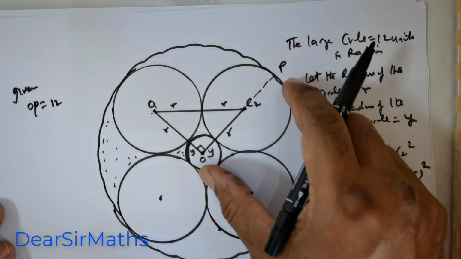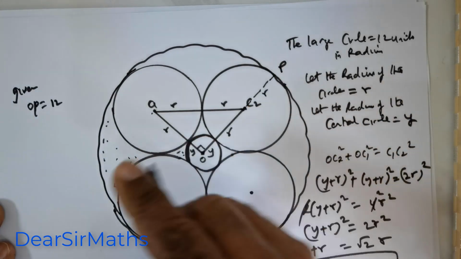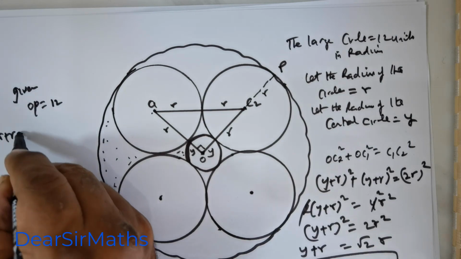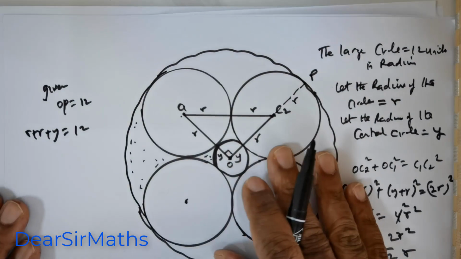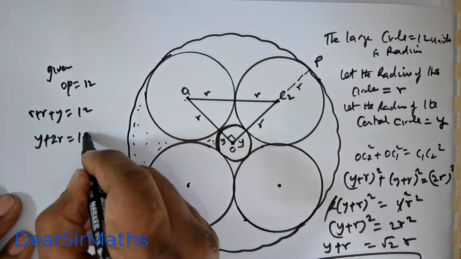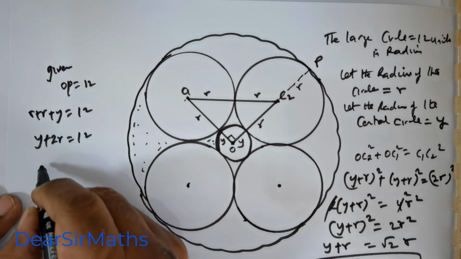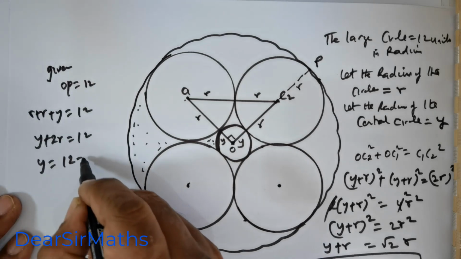But what is OP? This is actually R, so OP is nothing but R plus y. So R plus y is equal to 12 units, right? So this would mean y plus 2 times r is equal to 12 units. If I were to get the value of y, then y is equal to 12 minus 2r.